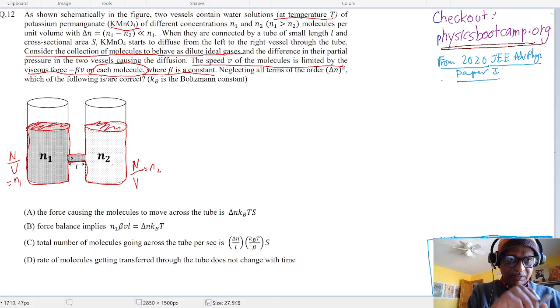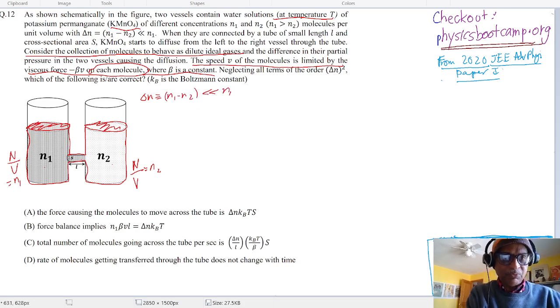and another condition is that the density difference between them is delta N, which is defined as N1 minus N2, and this is supposed to be much less than the concentration N1. So N1 and N2 differ by just a tiny bit.